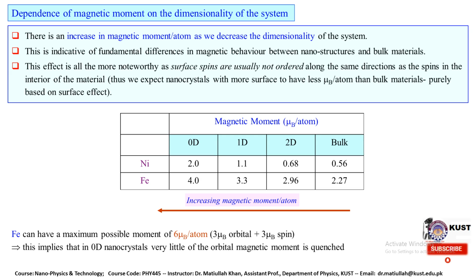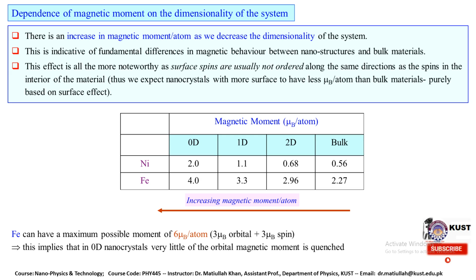We can see in this table how it is compared, for nickel and iron. We have the bulk as well as the nanoscale in 0 dimensional, 1 dimensional and 2 dimensional. The magnetic moment is given in mu B per atom.